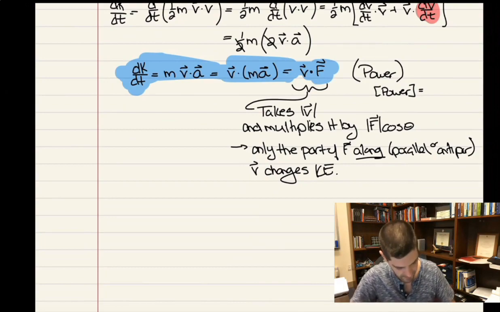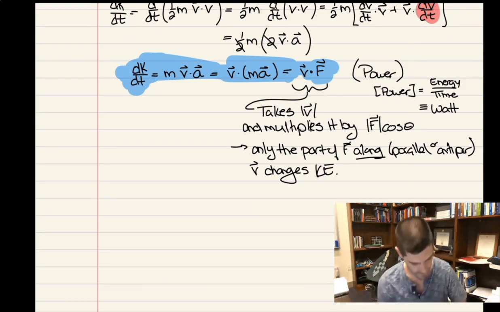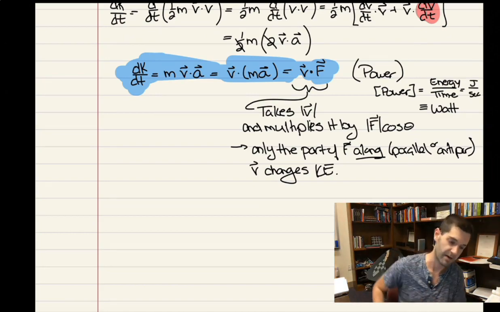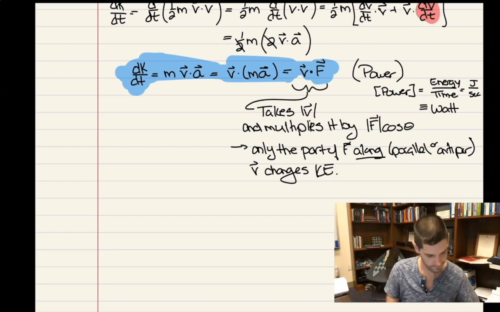The units of power, by the way, are energy per time, which also comes up so much, it's given its own unit, which you have definitely heard of, called the watt. I should be more specific. In MKS units, that is then the joule per second. The joule per second is called a watt. A 30 watt light bulb is saying that 30 joules of energy are being converted to light every second.